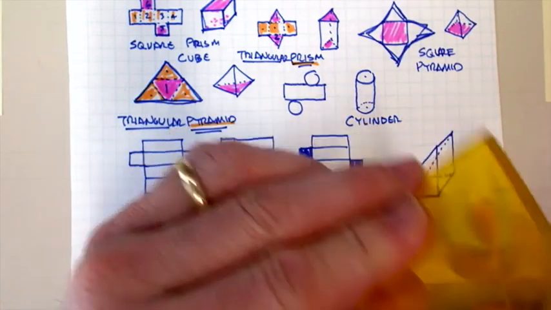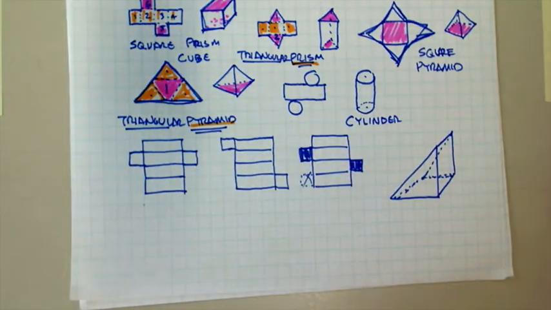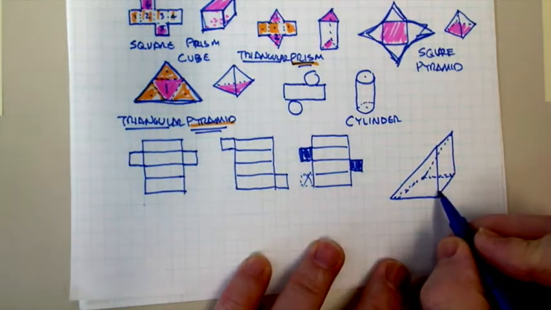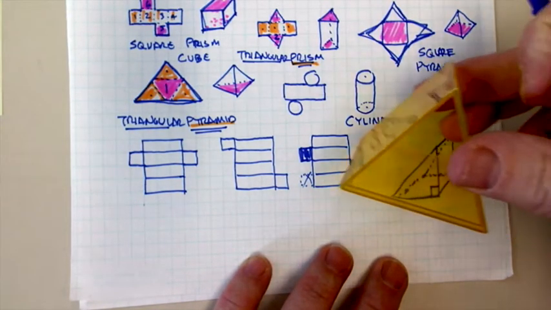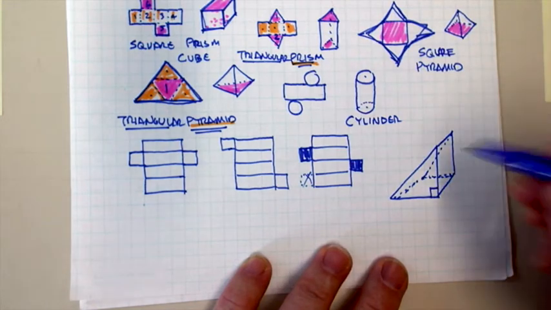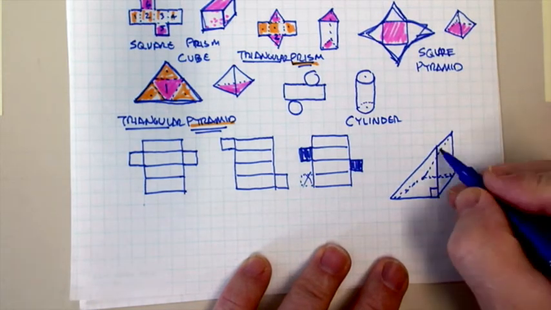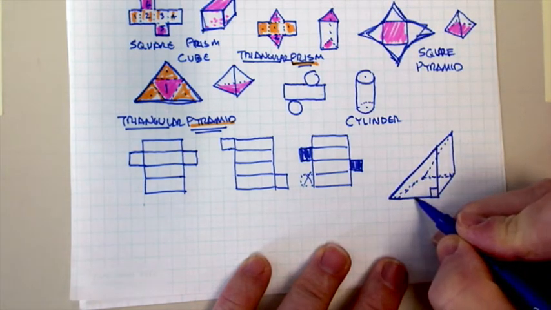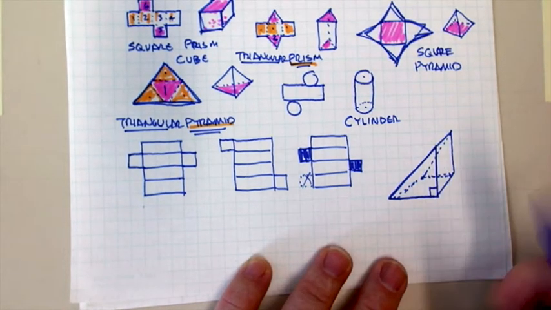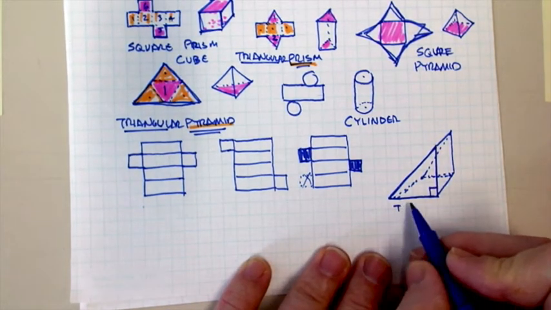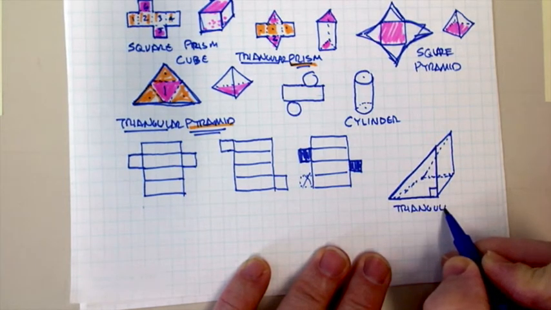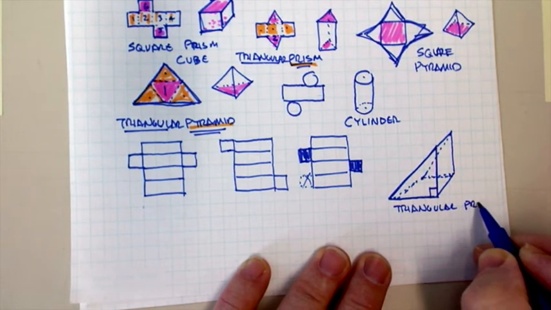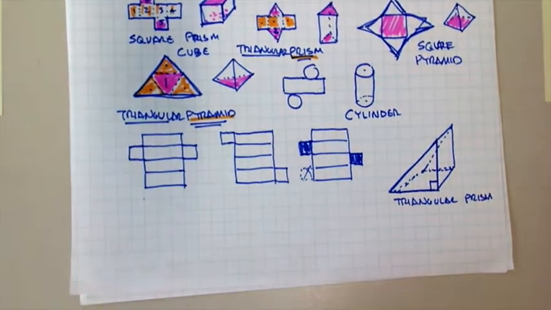There's a triangle in the front and a triangle in the back. And the way I have drawn this, which is very common in this unit, is for it not to be an equilateral triangle like in this example, but for us to have a right triangle here. Okay? So this one is a triangular prism. And it just so happens that my triangles are all going to be right triangles.